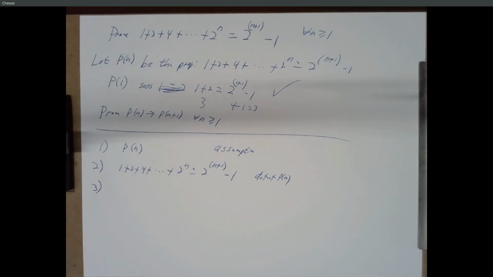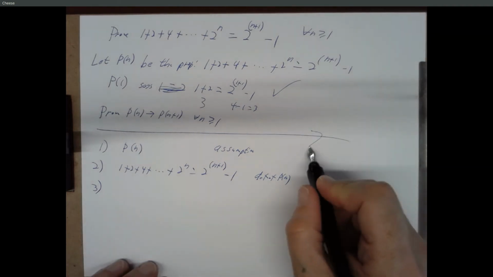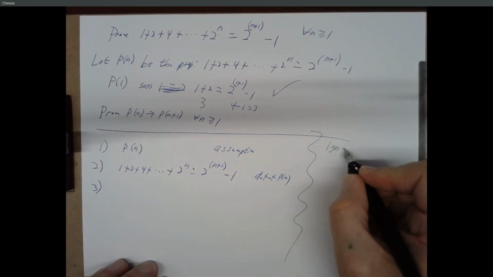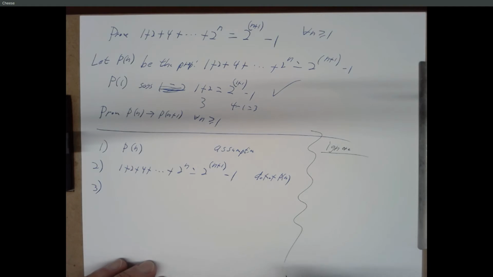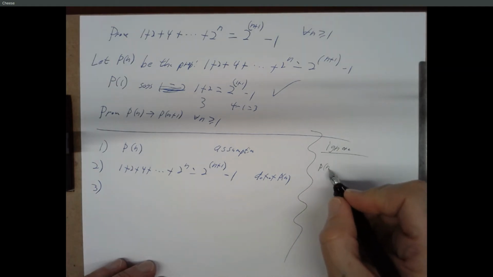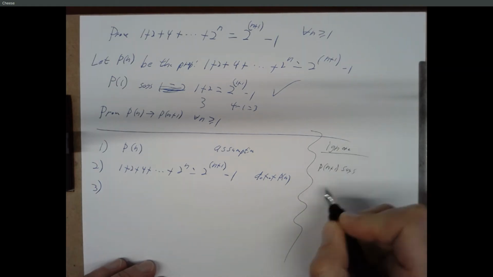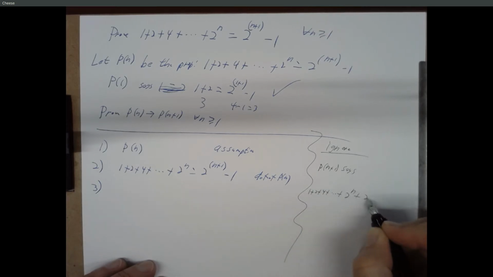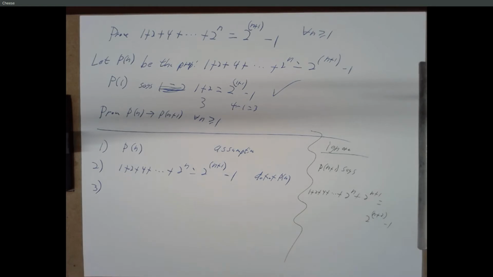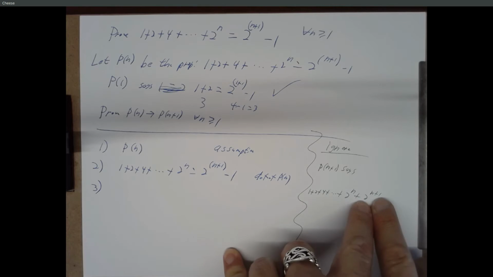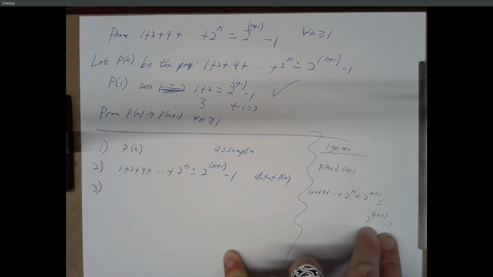Step 3, who knows? So let's make our ignore section. And let's see what P of n plus 1 says. P of n plus 1 says if we add up the powers of 2 up through 2 to the n plus 1, we should get 2 to the n plus 2 minus 1.